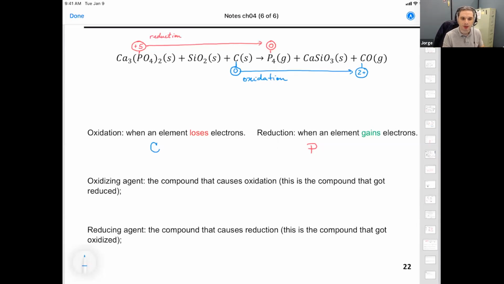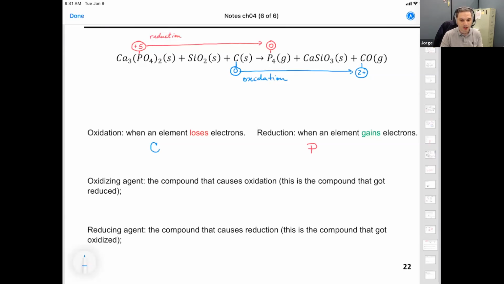Now attention here. Let's now tackle the concepts of oxidizing agent and reducing agent. Be very careful with those concepts when compared to simple oxidation and reduction. Oxidizing agent is the compound that causes the oxidation, which means this is the compound that got reduced.